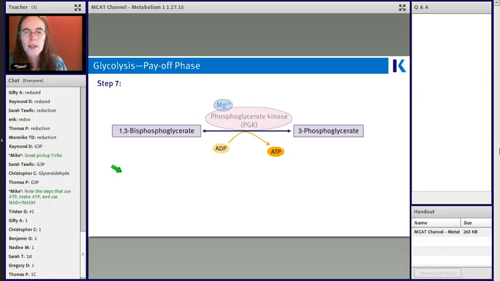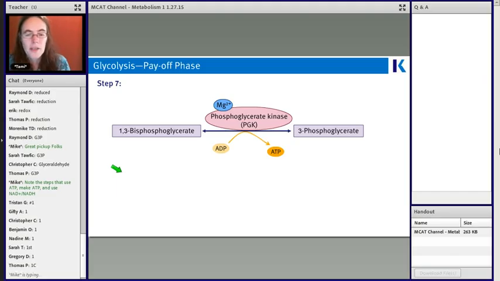Now, when we look at this, this is done by yet another kinase. Okay, so one of the things that we need to realize is this is what we call a substrate level phosphorylation. So what substrate level means is my ATP is generated, but it's generated without the use of the electron transport chain. Okay, so that's what we mean by substrate level phosphorylation.